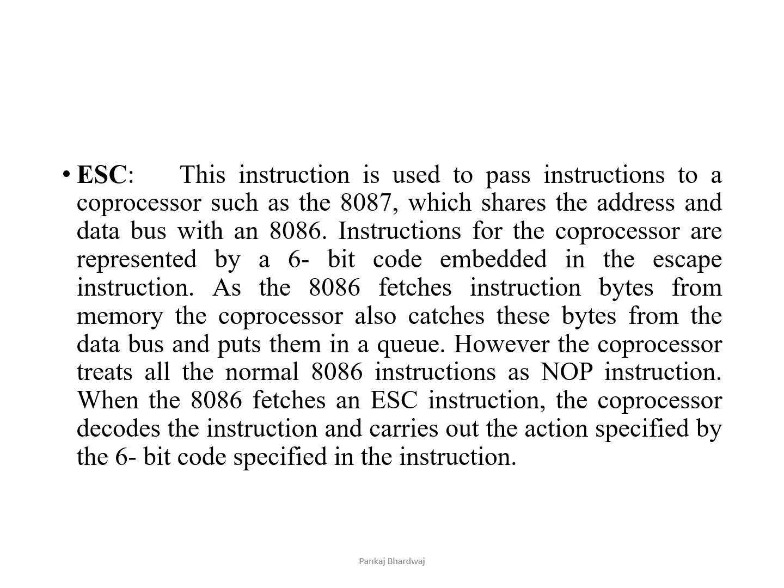Next is ESCAPE. It is used to pass instructions to a processor which is not the 8086. It is basically used with sharing, like the 8087 and 8088 and other processors. If it is sharing, then the ESC instruction executes an instruction for a coprocessor represented by a 6-bit code embedded in the escape instruction. So the coprocessor which we are going to represent along with the 8086 is identified by the 6-bit code.